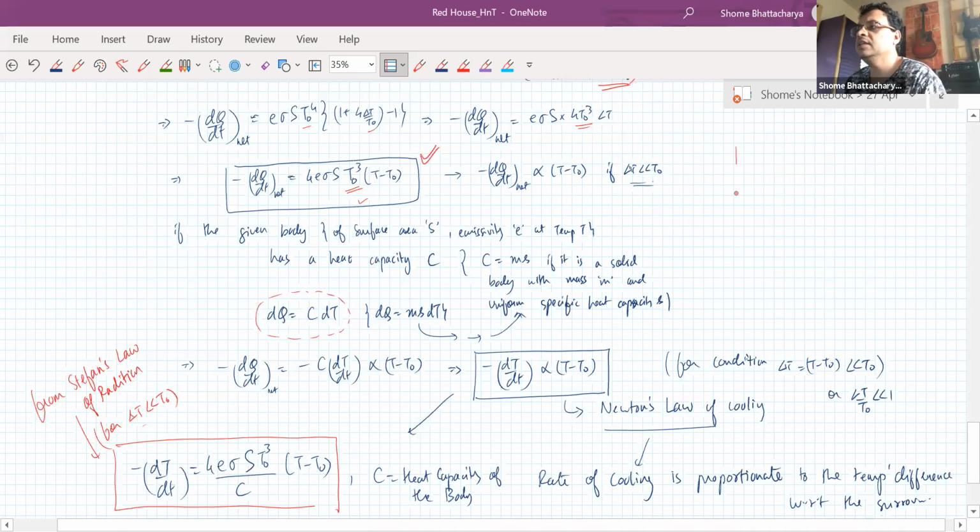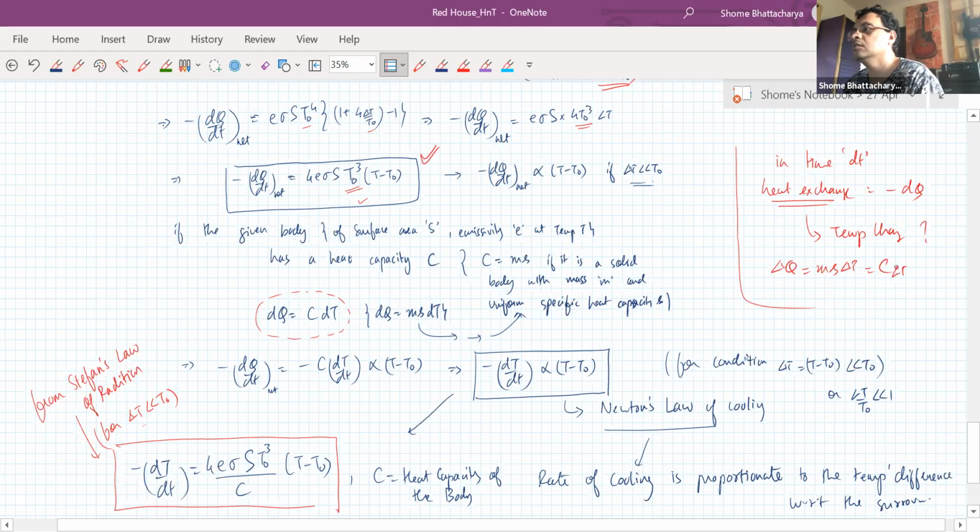Okay, so the thing is, in a small time dt, if the heat exchange of the body with respect to the surrounding is minus dQ, then what temperature change will this heat exchange create? For that we have the relation that delta Q is equal to ms delta T for an isotropic material, or heat capacity into delta T. So understood this now?